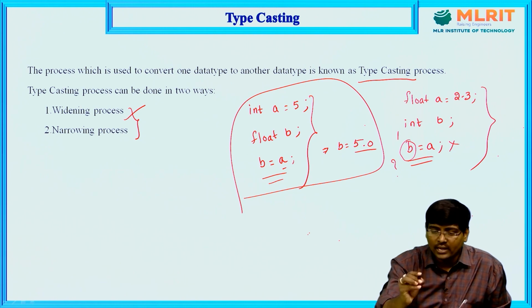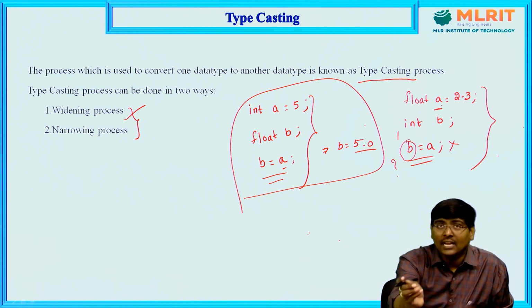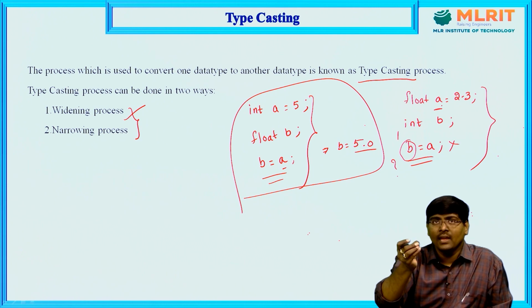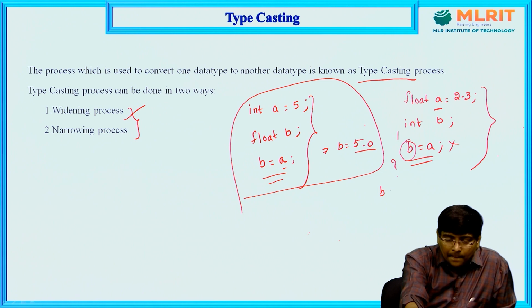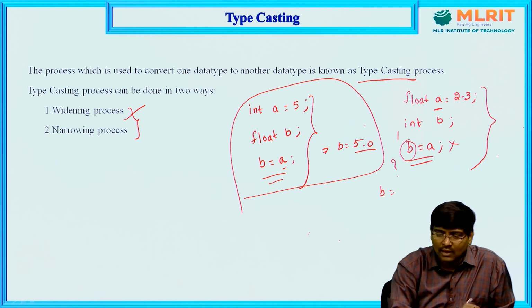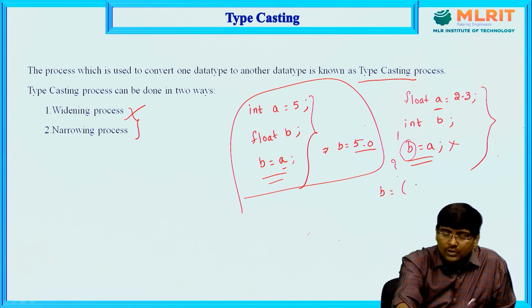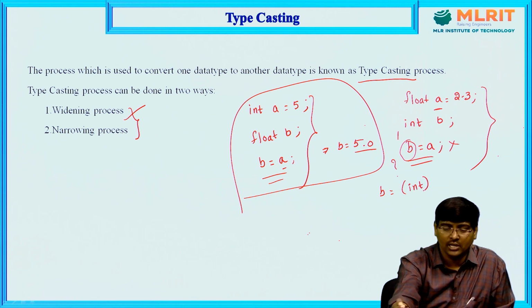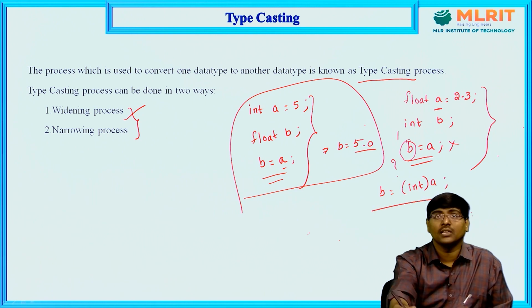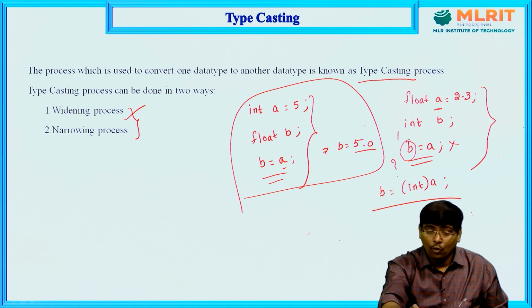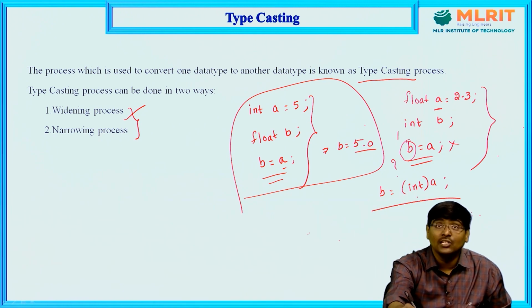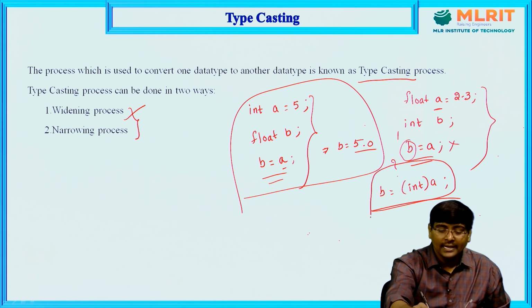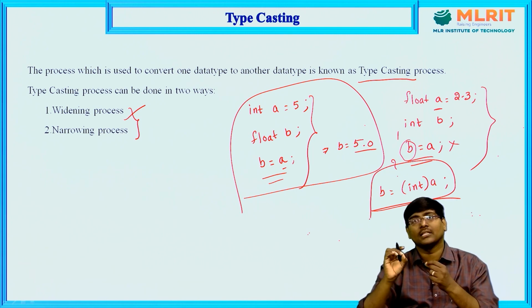Now, what is your aim? Your aim is to convert the floating a into integer b. So, b is used to store the value. To which data type do you want to convert? I want to convert into integer, so b equals (int) a. Do you understand the syntax? Now, float a is converted into integer. Now typecasting is performed successfully.